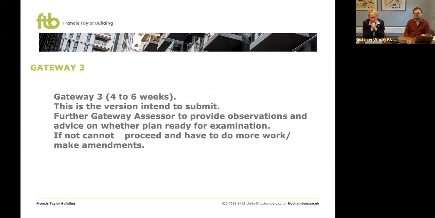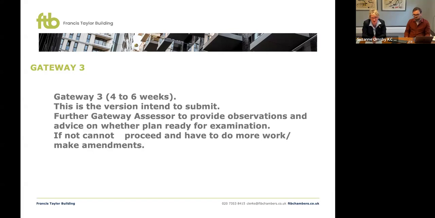Then moving on to Gateway 3, once the authority have gone through a second consultation process and the gateway assessor has under Gateway 2 said, yes, you meet the requirements and it looks like the plan is potentially sound, you then end up with the final draft of the plan, which I suppose is akin to the existing Regulation 19 plan. That is the version that the local authority intends to submit.